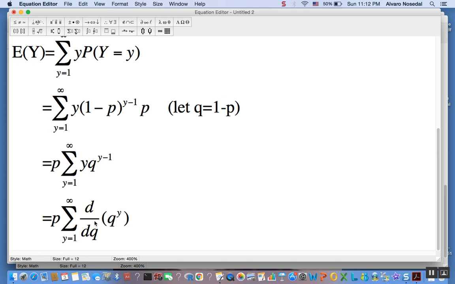If you take the derivative with respect to q of q to the y, you end up with y times q to the y minus 1, right?